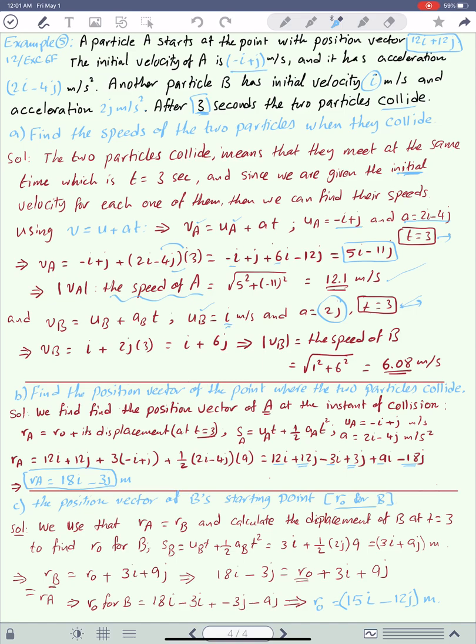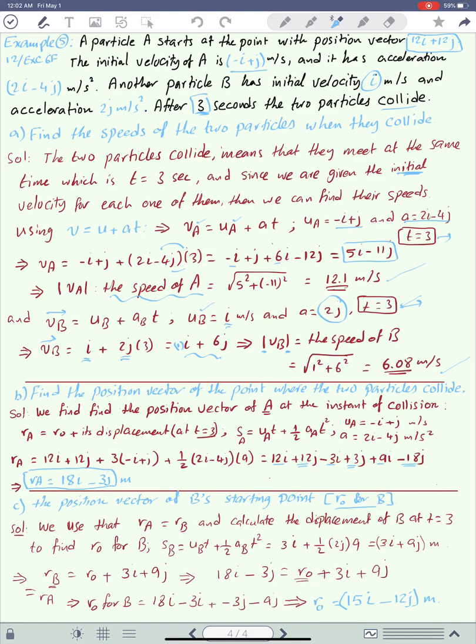With T is 3, by replacing UB is I, AB is 2J times 3, so I plus 6J is the velocity of the particle B. So the speed of B is the magnitude of this vector. We have 1 here. When you see I, it is 1 times I. Don't forget this fact. So 1 squared plus 6 squared, which is 6.08 meter per second.